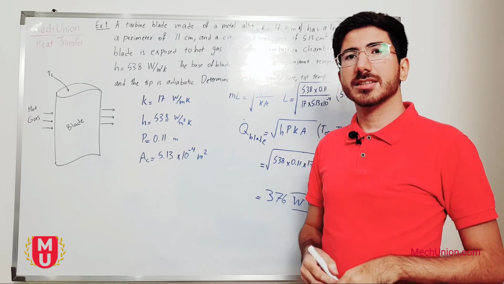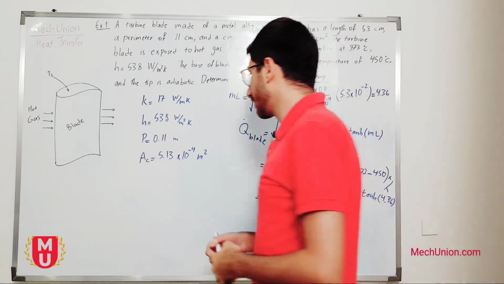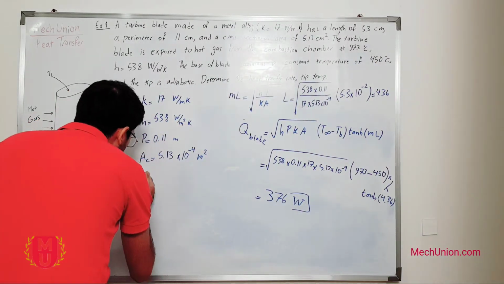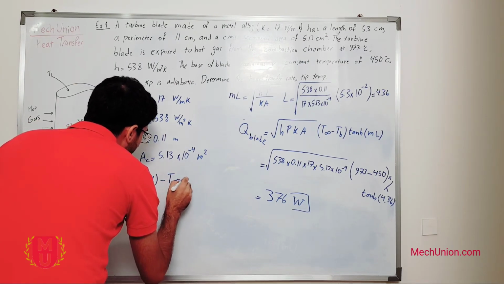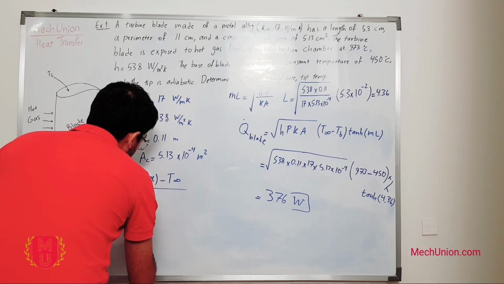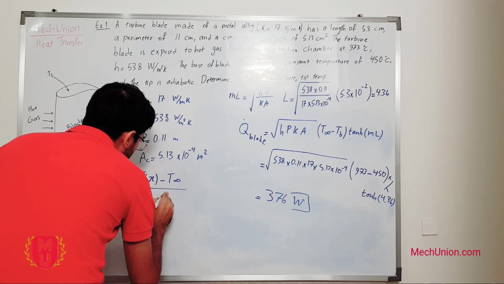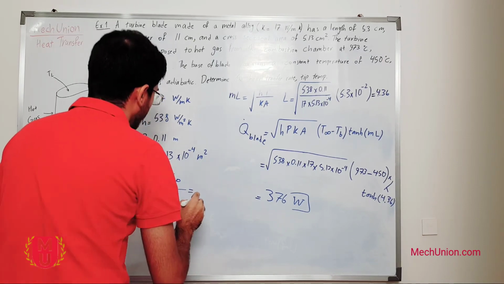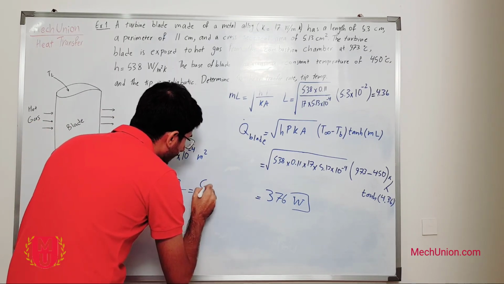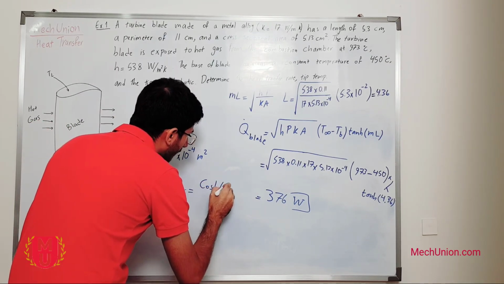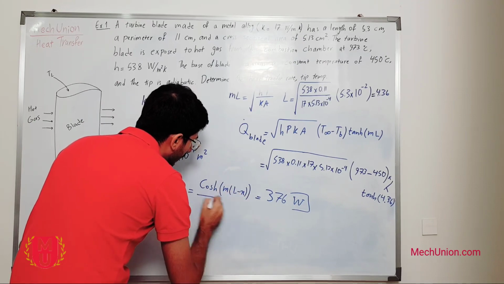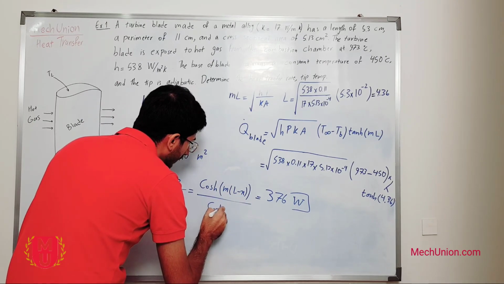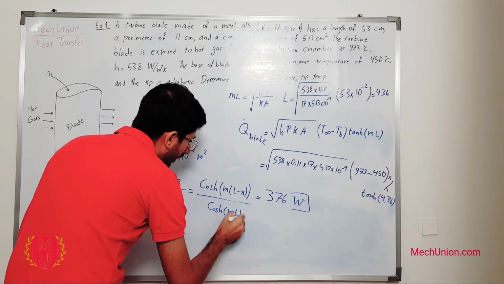The temperature distribution for an adiabatic tip is: T of x minus T of infinity over T of base minus T of infinity equals hyperbolic cosine of m times (L minus x) over hyperbolic cosine of mL.